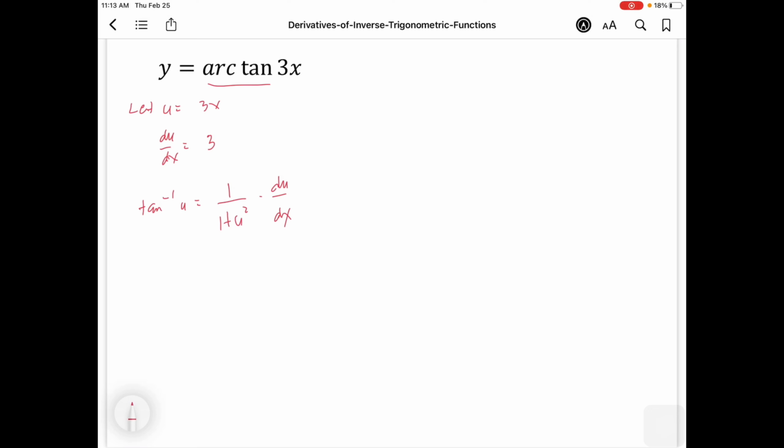So this will be y prime is equal to 1 over 1 plus yung u natin is 3x then squared times yung du natin is equal to 3. Then simplify, y prime is equal to 3 over 1 plus 9x squared as the final answer.